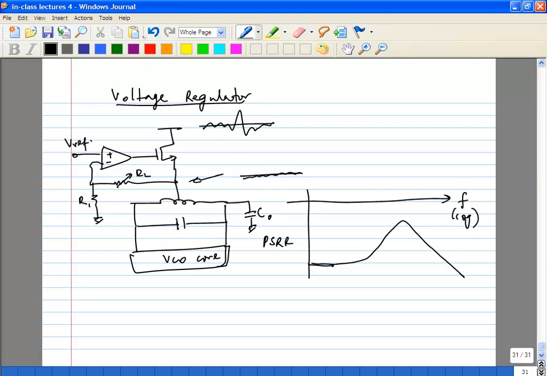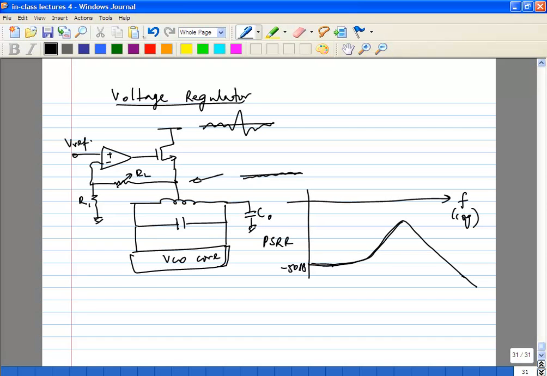Your op amp is going to have some finite bandwidth, so your loop is going to have some finite bandwidth, and your PSRR is going to start increasing. At higher frequencies, your capacitance is going to give very good PSRR, because any disturbances are going to be stabilized out by the capacitance. So your PSRR will start going down again. Let's say you might get a PSRR of maybe minus 50 dB or something.